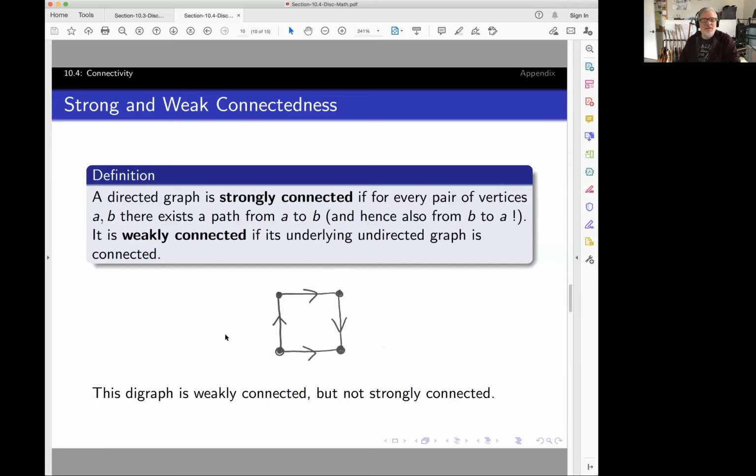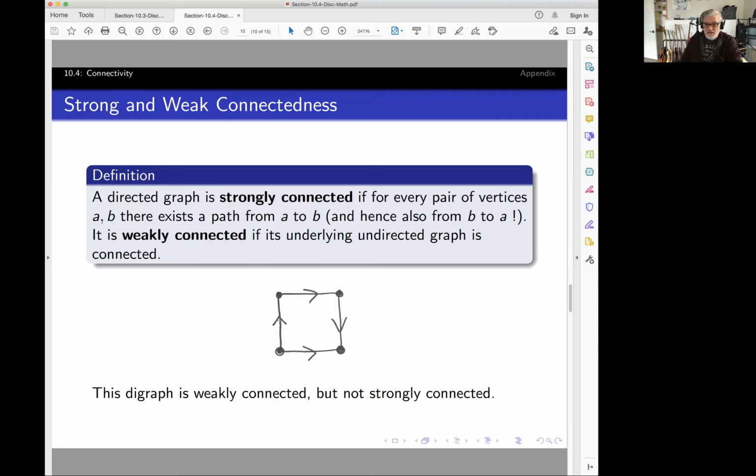A directed graph is said to be strongly connected if for every pair of vertices, there is a path from A to B. Notice that I'm saying for every pair, so you always have to be able to go back and forth.